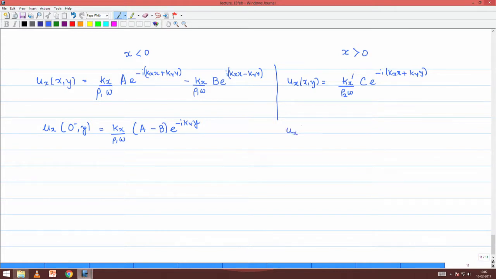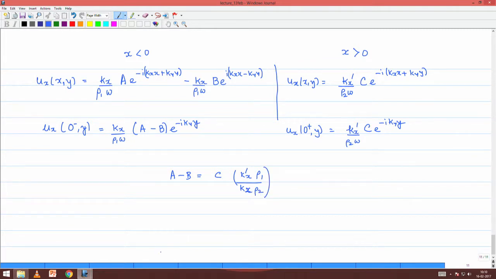And in the region x greater than 0 at x equals 0, if you wish to find out this value, that is also pretty simple: k x prime by rho 2 omega C e to the power minus i k y y. So, at the end of the day you need to equate these two, which means A minus B must be equal to C into k x prime rho 1 divided by k x rho 2.